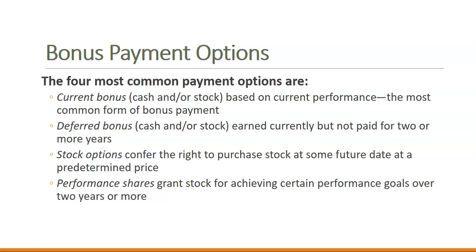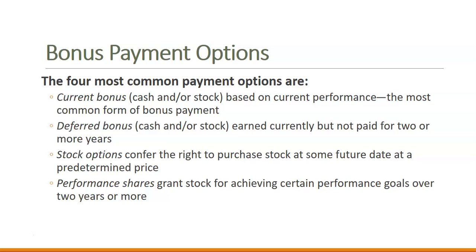Payment options: we have a current bonus, cash or stock based on current performance. This is the most common form of a bonus payment. A deferred bonus is a bonus that we earned currently, but we're not going to receive for 2 more years. So deferred bonuses usually happen for tax planning purposes.